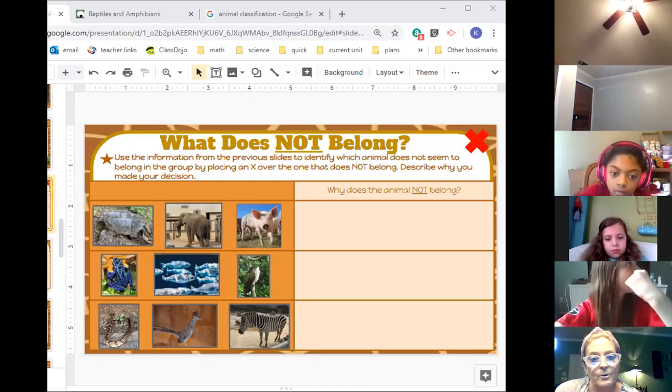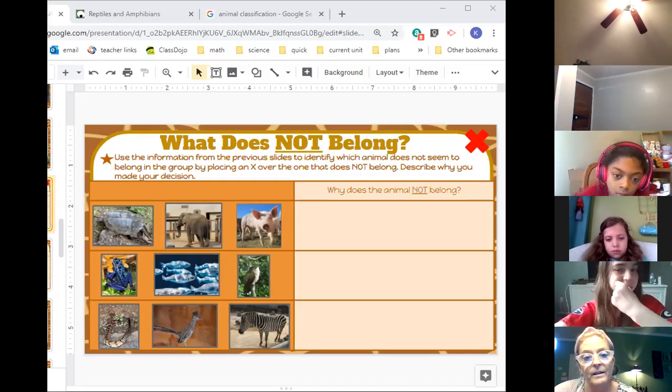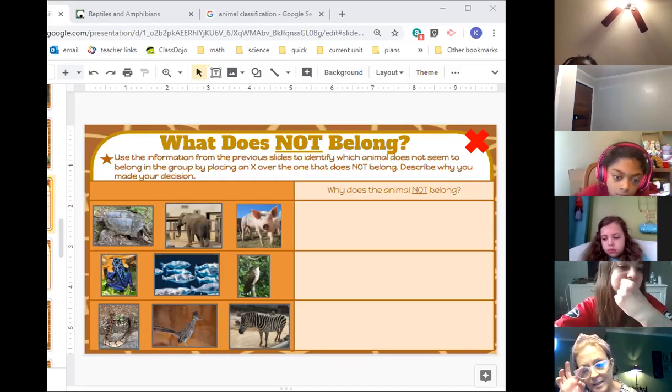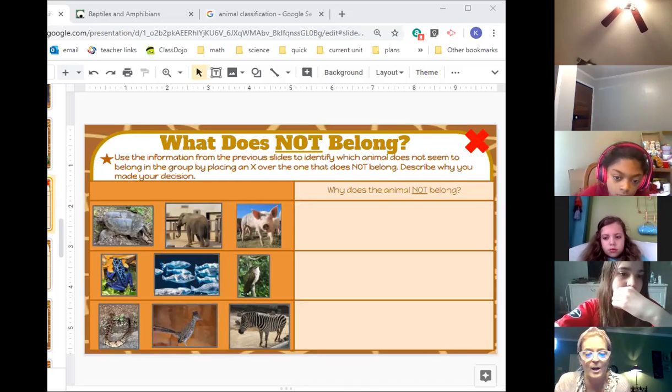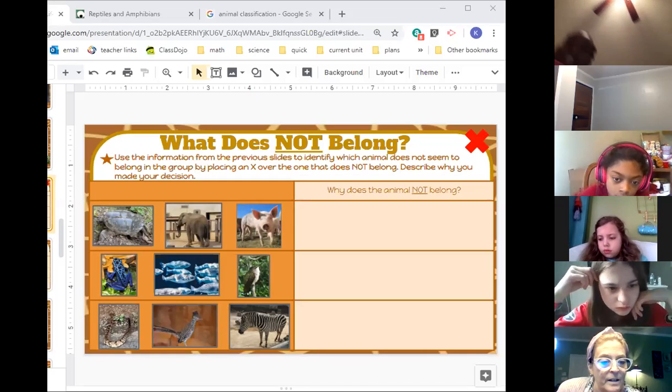All right, so Sydney put the turtle doesn't belong because it's not a mammal like the elephant or the pig. Good. The turtle because it is a reptile and the other two are mammals. Good. Anybody else have an idea?